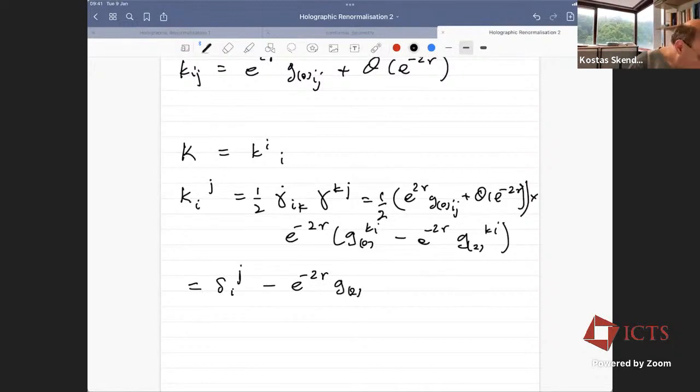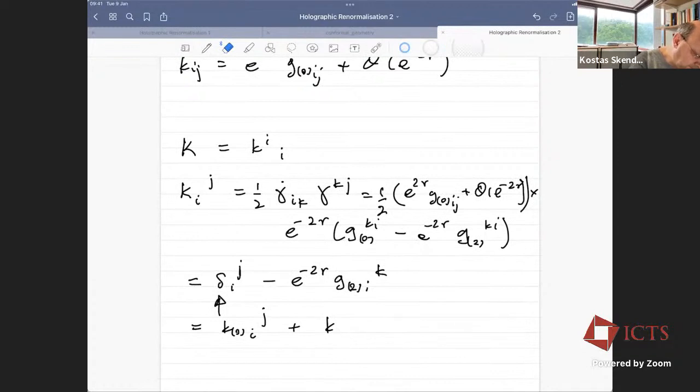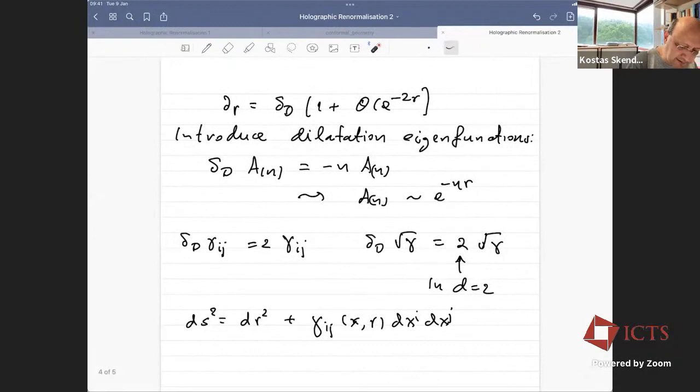So this has a piece that doesn't scale, which I would call K0 ij, and a piece that has scaling dimension 2, because you can see from here it has this factor. And as we discussed, if this is the leading behavior, then this is the dimension.